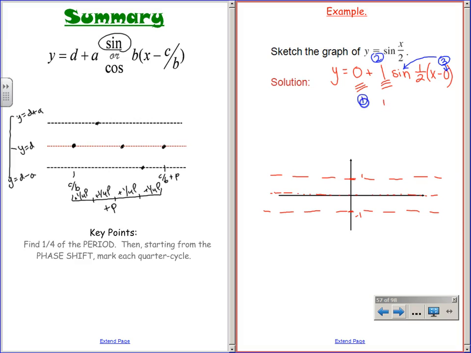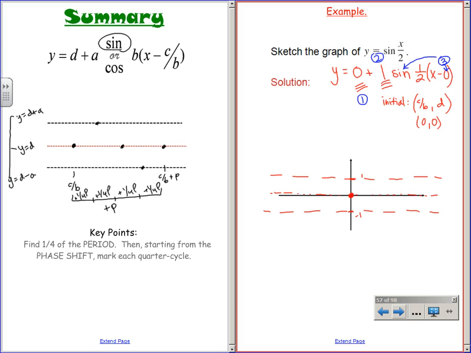Because sine's initial point is going to be in the middle at C over B. So C over B, 0, and then D is 0. Okay, 0, 0. I'm starting at 0, 0, just like I always do. There was no horizontal shift, so my first point didn't go anywhere.